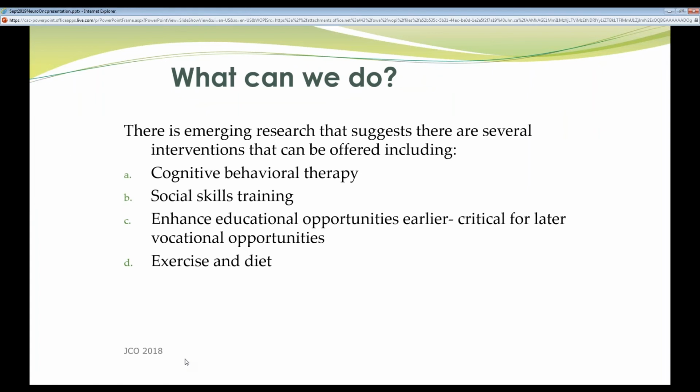So then what we know is really helpful is to give people access to cognitive behavioral therapy, which is something that can be offered by social work and health psychology. That social skills training is very important, and that educational opportunities really need to be enhanced early to try and give people as many options as possible.